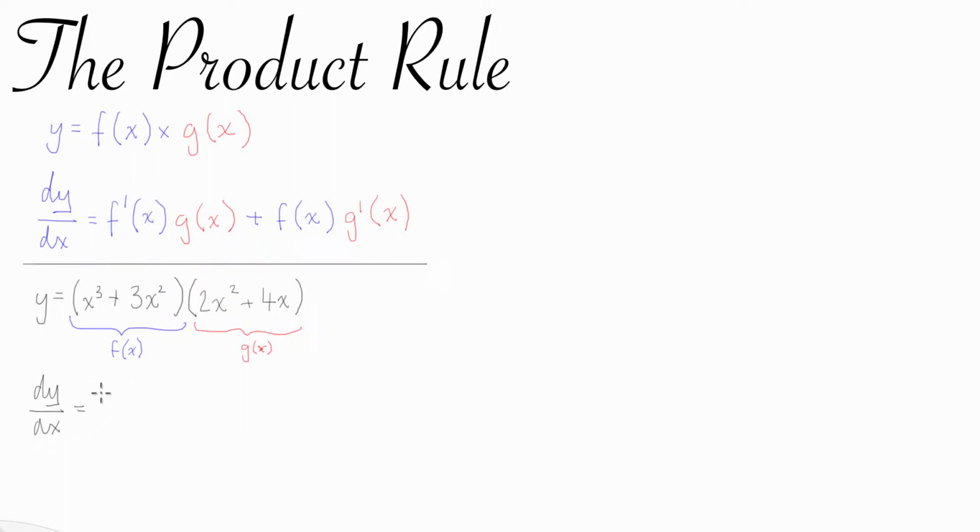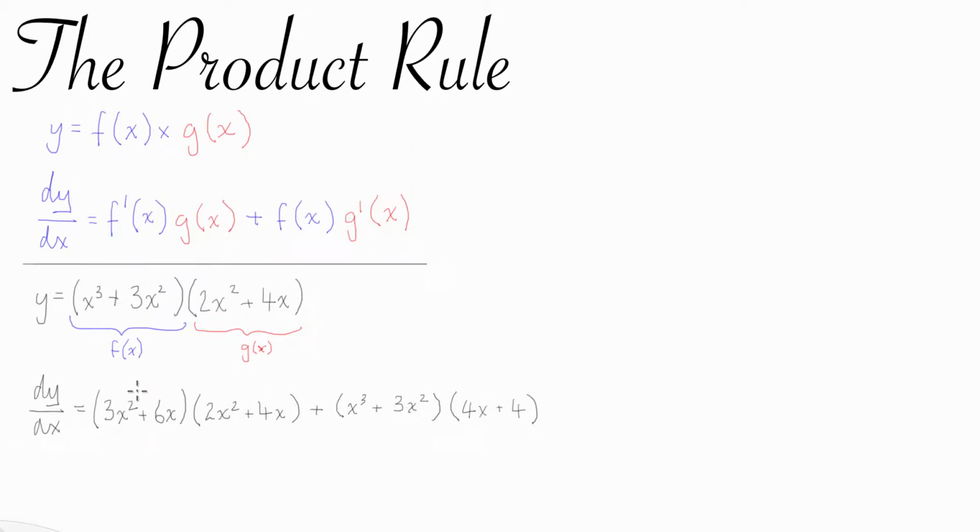So that's going to be 3x squared plus 6x, and we multiply that by the second function being left alone, we then add that to the first function being left alone, multiplied by the derivative of the second function, which is 4x plus 4. So there you have it. That is the derivative of this function.